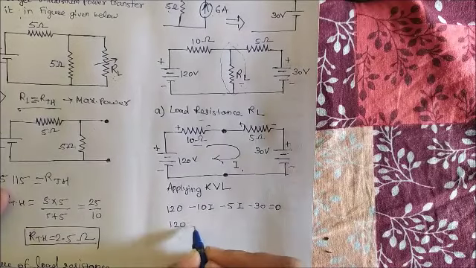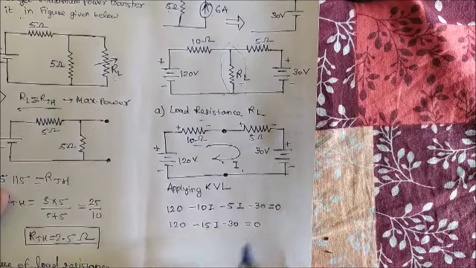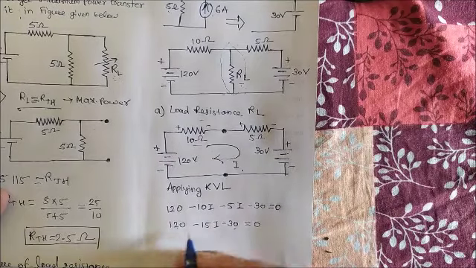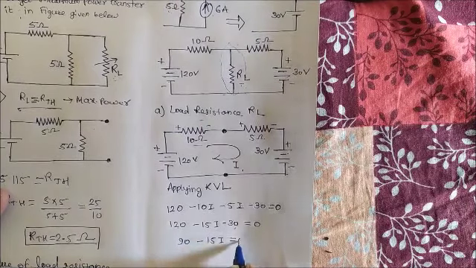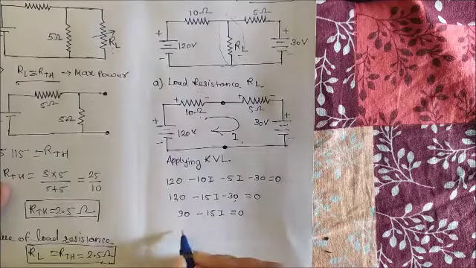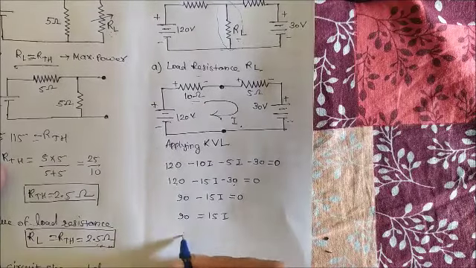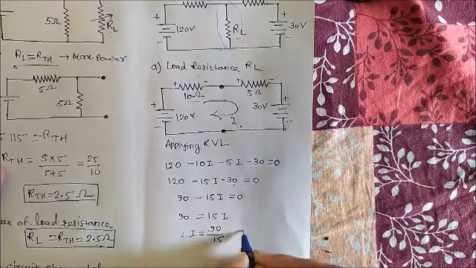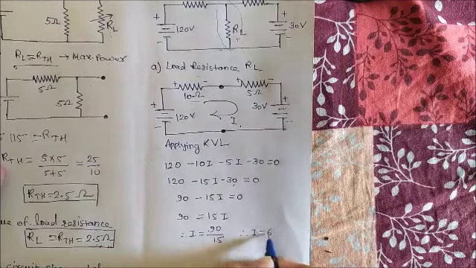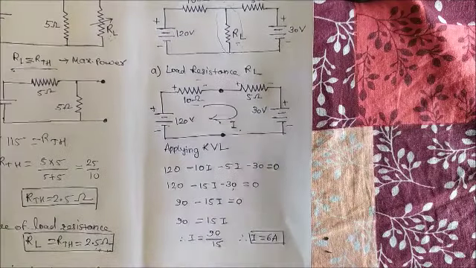So 120 minus 10 I minus 5 I minus 30 is equal to 0. So 120 minus 30 is 90, minus 15 I is equal to 0. So 90 is equal to 15 I, and therefore I is equal to 90 divided by 15, and therefore your current I is equal to 6 ampere. 6 ampere current we have calculated.